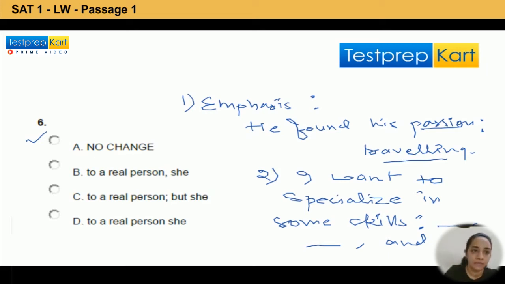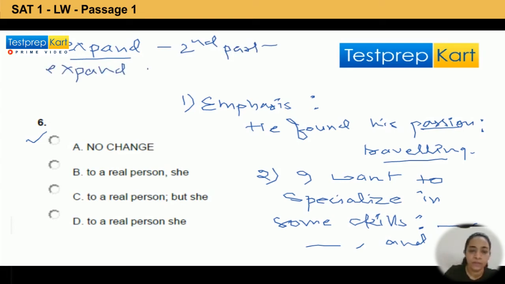The third one, which we are using here, is when you use it to expand on the first part. So here, the second part expands or elaborates on the first. Okay, so here, why is it easier to talk to Ellie? Because of this reason. So that part is clear.